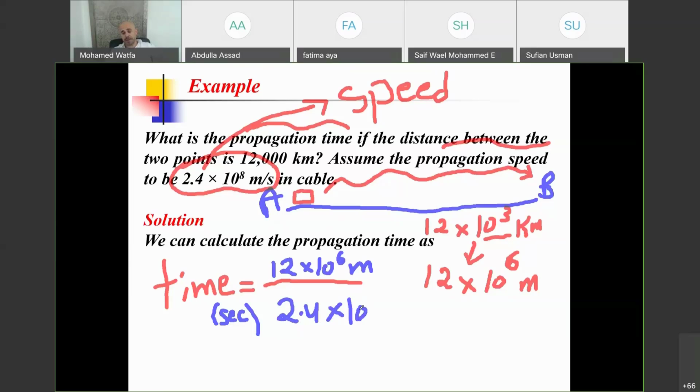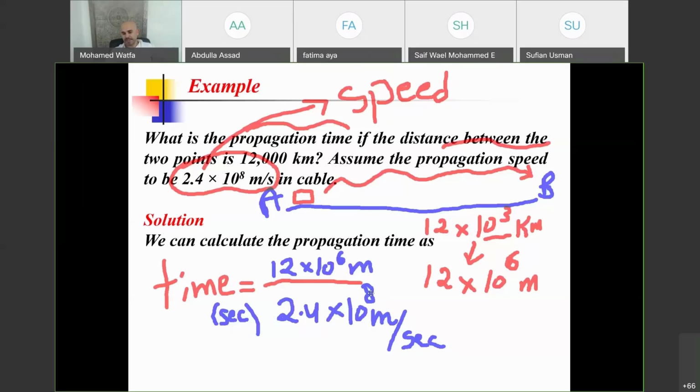You don't need to memorize formulas. No need to memorize anything. Meter, look at this. Meter per what? Meter per second. Right? And basic math. What will cancel what? Who could tell me in terms of unit?